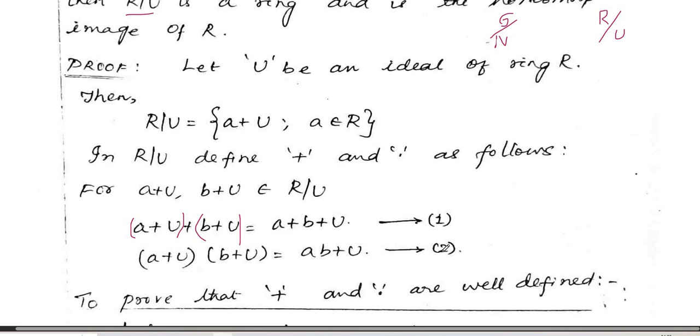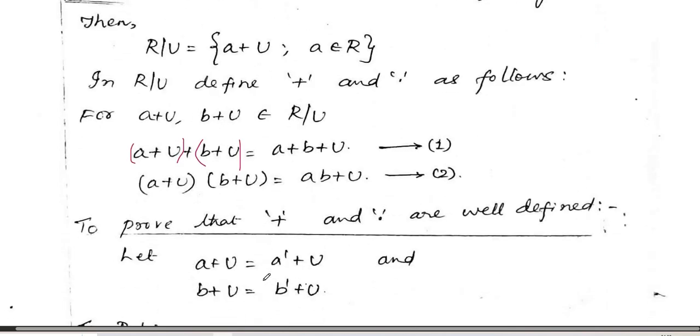Now this being defined by us, we have to show that this is well defined. Only then can we have the closure with regard to addition and multiplication to be true. So how do we prove this well-definedness? We'll consider two elements, a plus U and b plus U, to be equal to, say, a prime plus U and b prime plus U respectively.